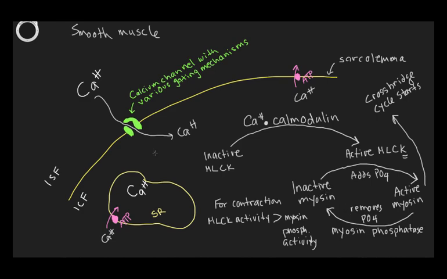But if calcium stops getting let into the cytosol, if we close these calcium channels, then in order to get rid of calcium, we have to pump it out against its concentration gradient. So that means we can pump it out into the interstitial fluid across the sarcolemma using a calcium ATPase, or it can get pumped back into the sarcoplasmic reticulum.